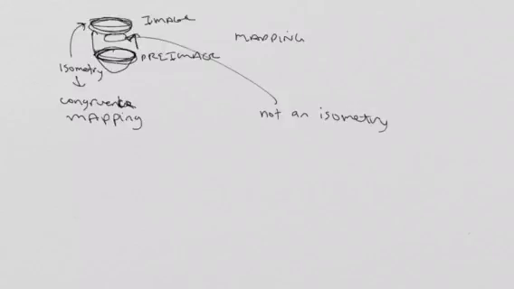And so I mapped stuff congruently from this space to this space. So that's 14.1. Now we'll do 14.2.